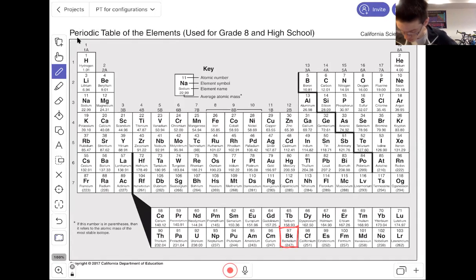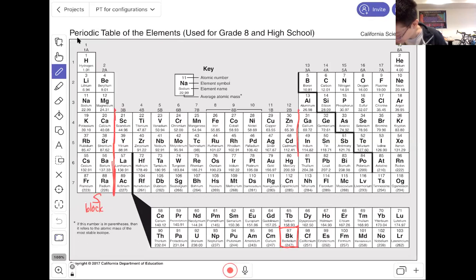But I don't have to do that because my electron configuration is the periodic table. So I want to point out that s can hold 2 electrons, and we refer to these 2 columns over here as the s block, 1, 2.